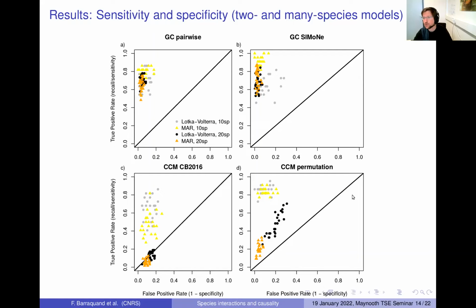The results I just showed you for convergent cross-mapping are in the bottom right panel. And we also tried different types of p-values, p-values that are defined by convergence with respect to library size. They have been crafted by Cobey and Baskerville, and these are on the bottom left panel, and they did not really improve the performance. So now I will show you a little bit what the networks look like.